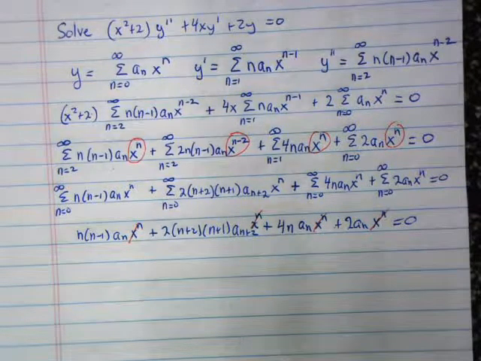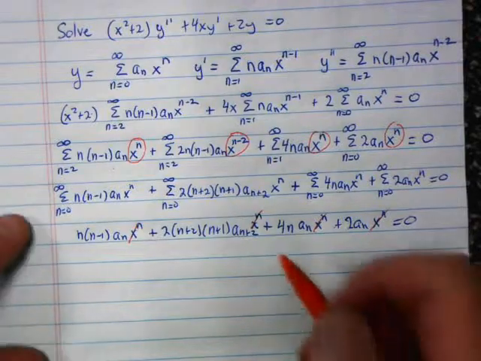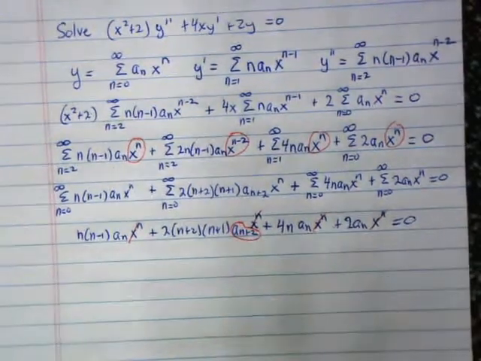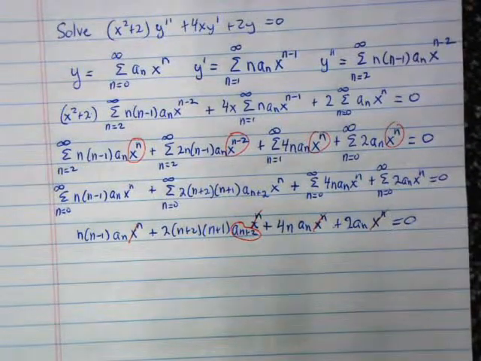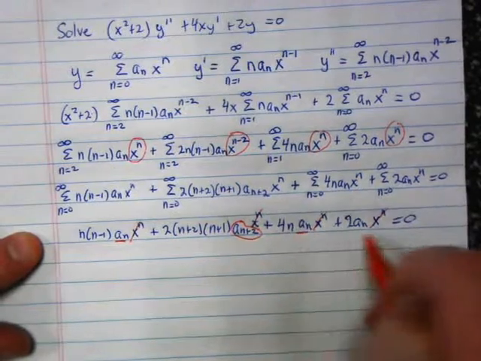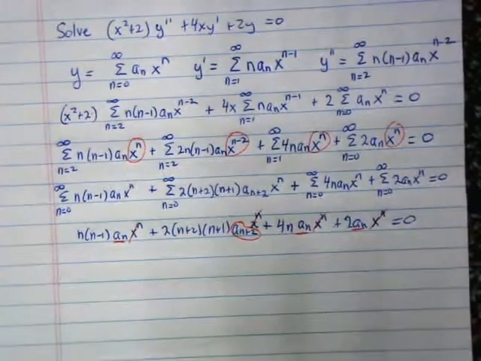All right, so we're getting close. What we need now is our recursion relationship. You might notice that this one has an a sub n plus 2, where all the other ones just have a sub n.